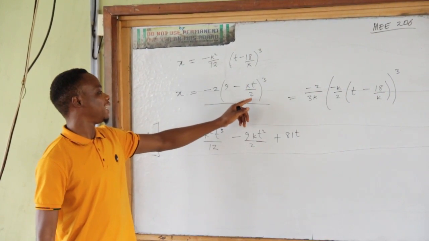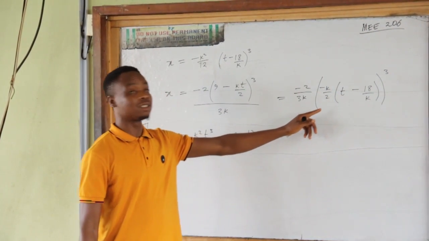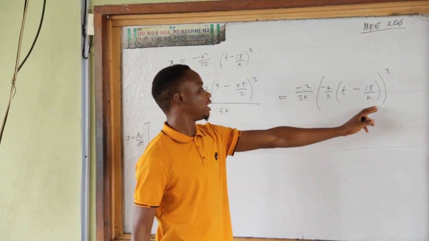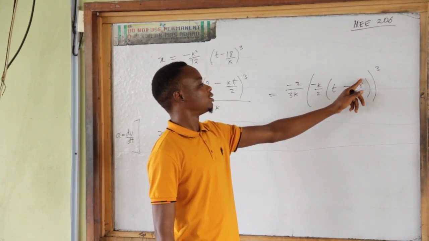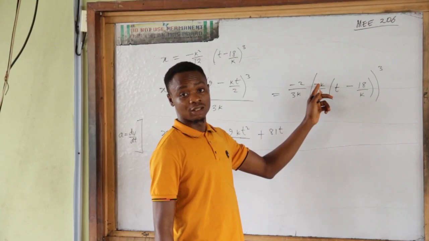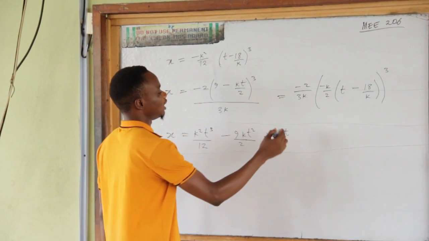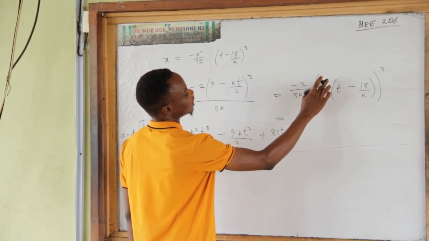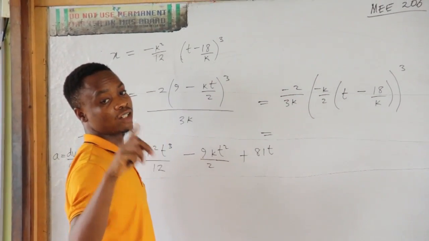When you open the brackets back, you're going to have this to be plus 9, and then k will cancel k. When you raise it to power 3, minus k raised to power 3 is minus k cubed.